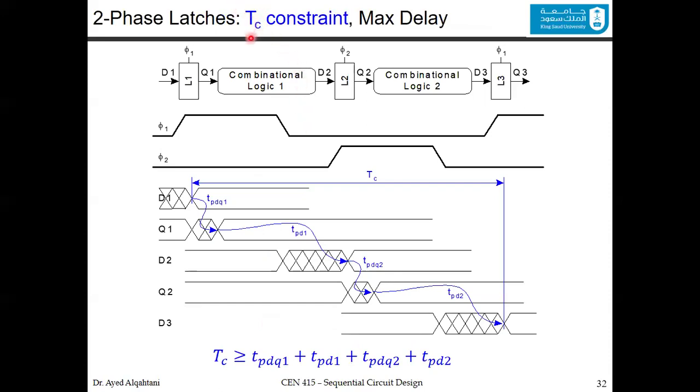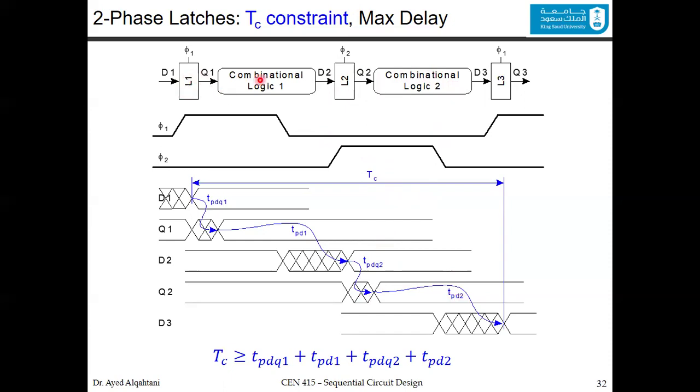We will see the TC constraint, or the maximum delay. Here, since we have two-phase latches with phi 1 and phi 2, the cycle time must cover the propagation delay from D to Q, plus the time through the first combinational logic, TBD1, plus the time from D to Q in the second latch, TDQ2, plus the time through the other combinational logic, TBD2.